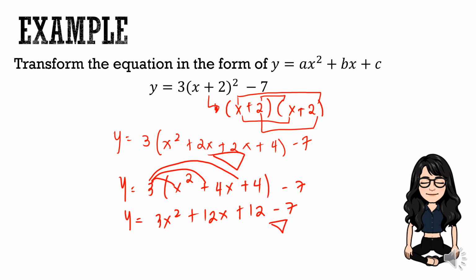And then combine again similar terms which are 12 and negative 7. So we have y equals 3x squared plus 12x. 12 minus 7 is equal to negative 5. So the final answer is y equals 3x squared plus 12x minus 5.